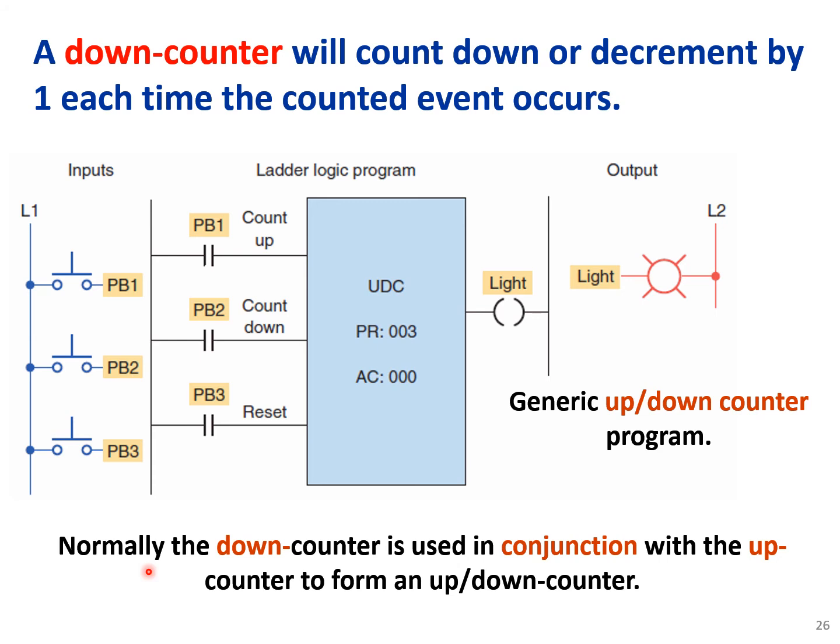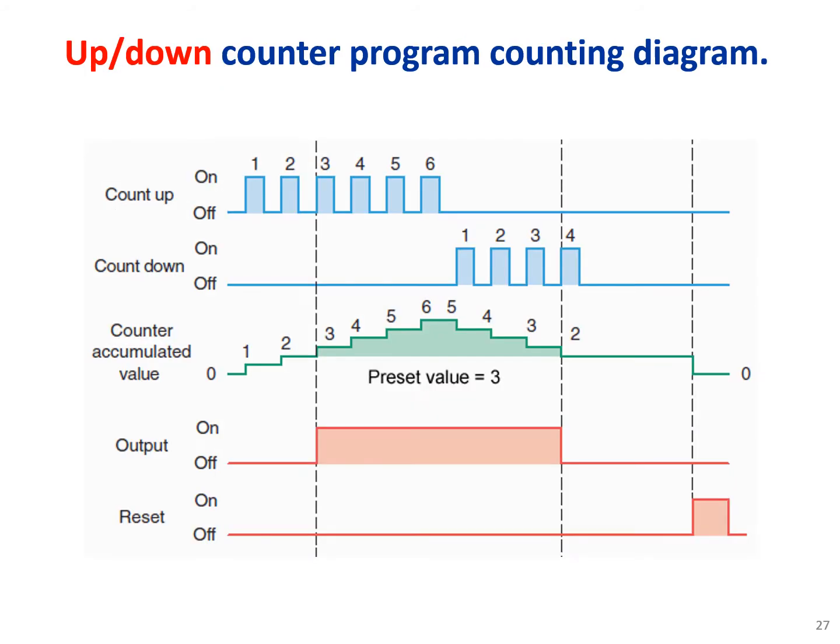Normally the down counter is used in conjunction with the up counter to form an up-down counter. Here we have this nice graph that shows how that up-down counter works. Let's say we push the up counter 6 times and then we start to press the down count push button 4 times.